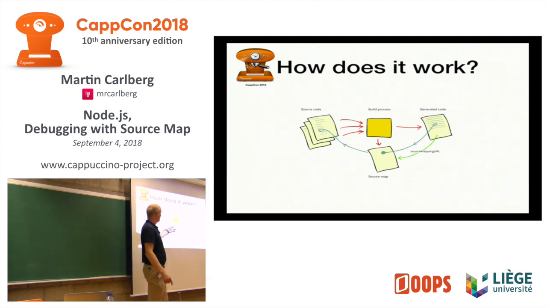So whenever the debugger stops somewhere in this code, it can translate where the positions are over to the correct file. And you can actually have many source files generated to one generated code file, and the source map file will handle that. So if you are in different parts of the code, you will actually be in different files in your source code.